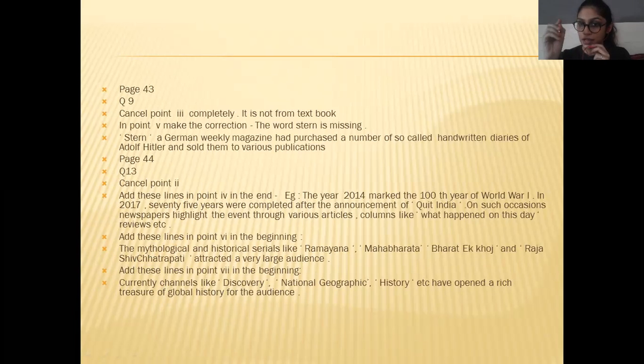As soon as point 4 ends, you are going to add this point, the year 2014 point. When you start point 6, you have to start with this point. And point 7 will start with this point, that is currently channels like Discovery, National Geographic, History, etc. have opened a rich treasure of global history for the audience. I hope y'all are with me and making the corrections.